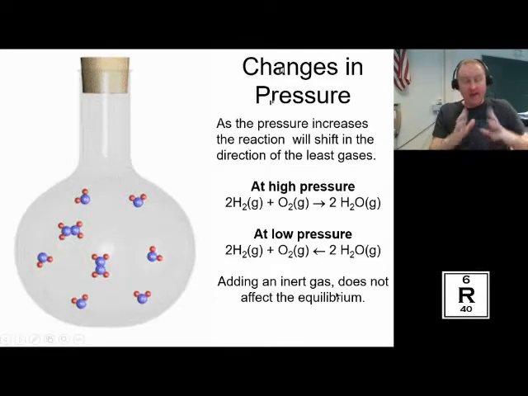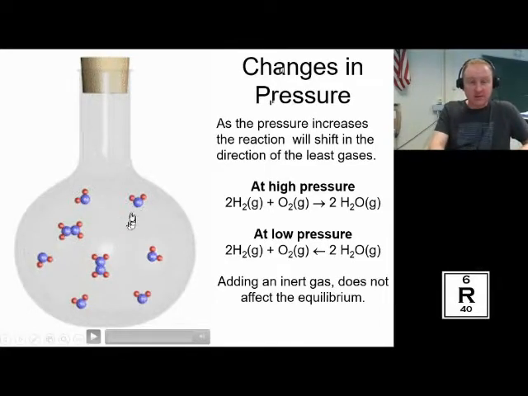Well, if you take a look at this picture over here, if I add an inert gas, that would be basically a gas that's not like these guys here. So you see these nitrogen dioxides combining together to make this dinitrogen tetroxide.